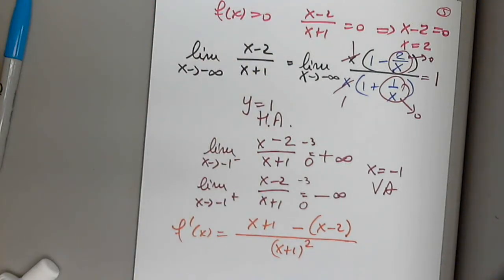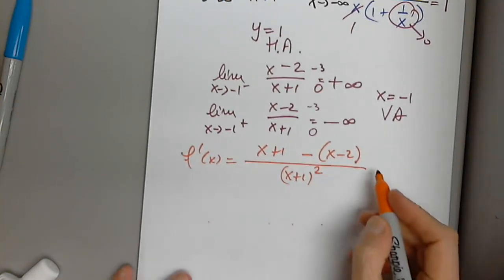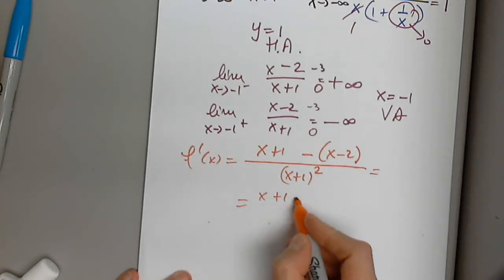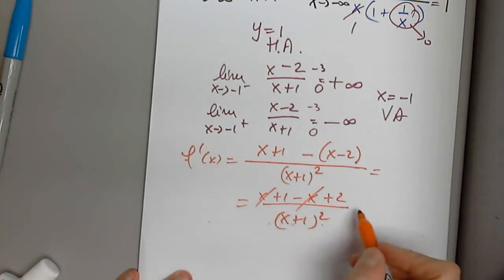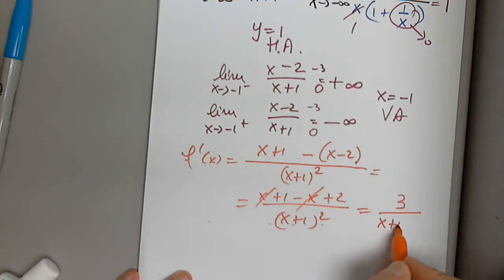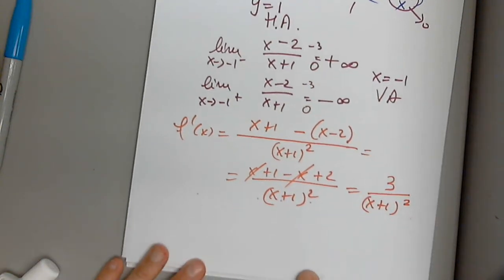Excellent. So x plus 1 minus (x minus 2), over (x plus 1) squared. These two go away. 3 over (x plus 1) squared. Nice.